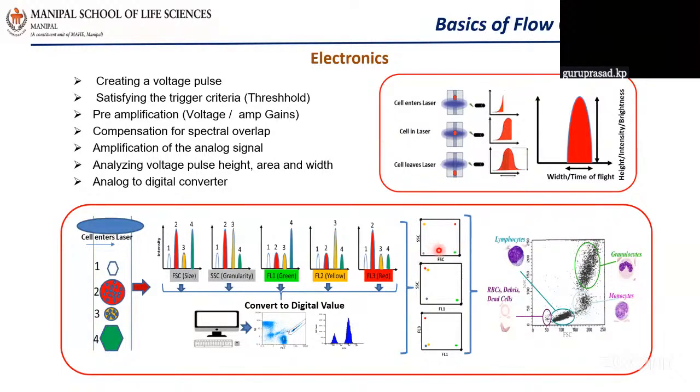Whereas the second cell is bigger in size and its granularity is more, so it appears in the upper right-hand corner. The third cell is smaller in size, so its x-axis value is very low, whereas it is highly granular, so its y-axis value is high. The fourth one is bigger in size but its granularity is less, so you will see the dot here.